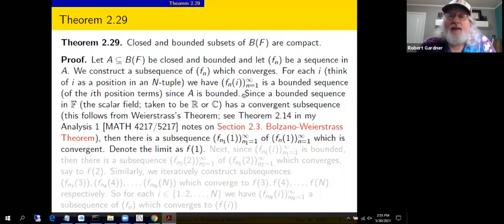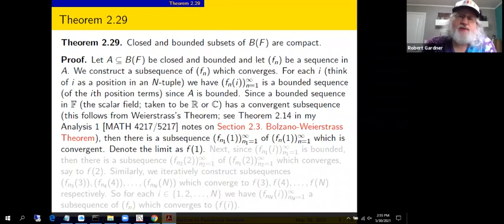But in position I, we have a bounded sequence of terms. We've got the ith position of the first vector, the ith position of the second vector, the ith position of the third vector, but always the ith position. That's a sequence of ith positions, and they're all real numbers, they're complex numbers, and they're bounded. So they have a convergent subsequence.